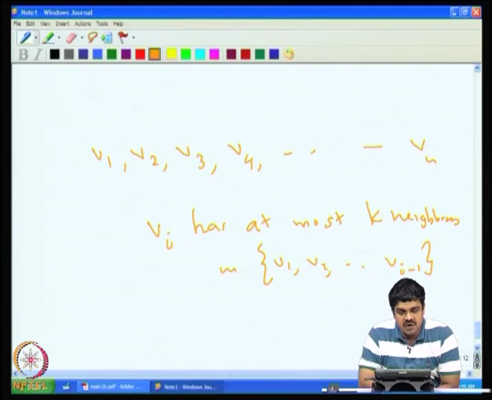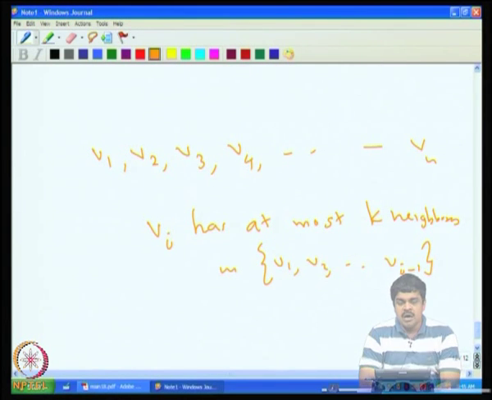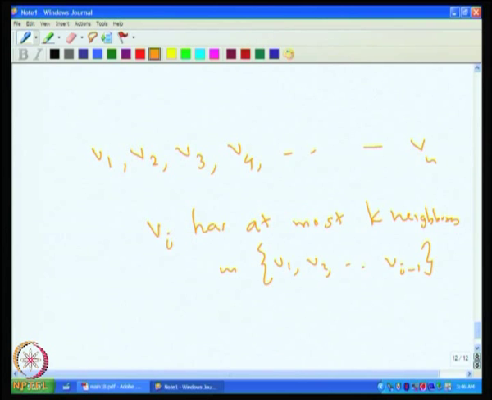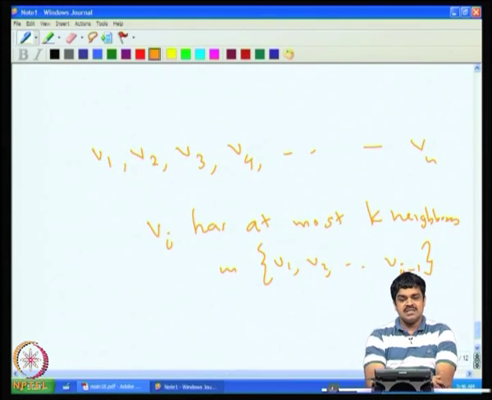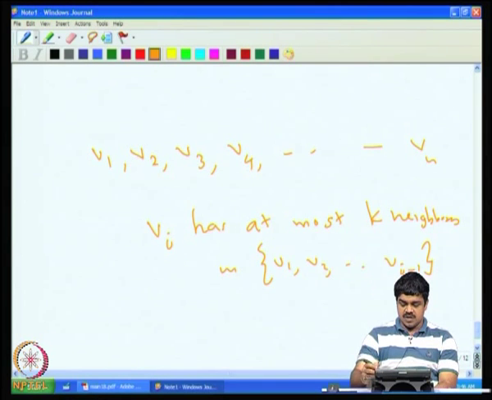Whenever I try to color Vi, the vertices from V1 to Vi minus 1 have got colors, and from Vi we see that at most k neighbors of it are colored. Then we can use the k plus 1th available color for Vi, and therefore it can be colored using k plus 1 colors. This was the greedy strategy, and we called k plus 1 the coloring number, or k was the degeneracy of the graph.